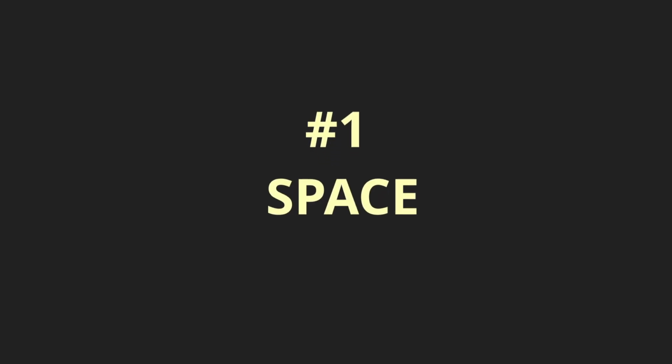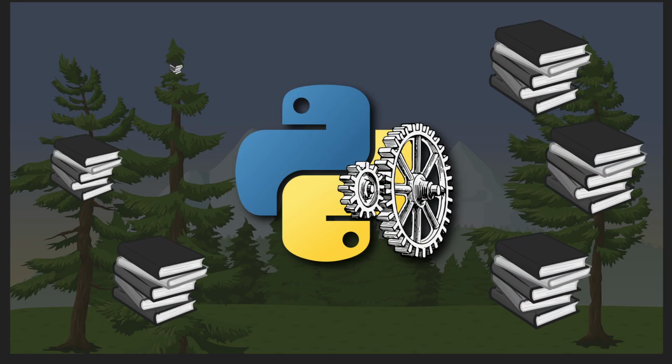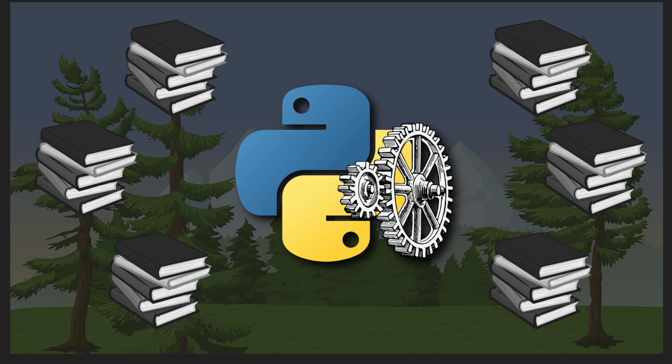The first is space. These environments take several gigabytes of space and contain many libraries that we may never use, actually. For instance, Anaconda installs hundreds of additional libraries, I think it's 250, and occupies more than 5 gigabytes.